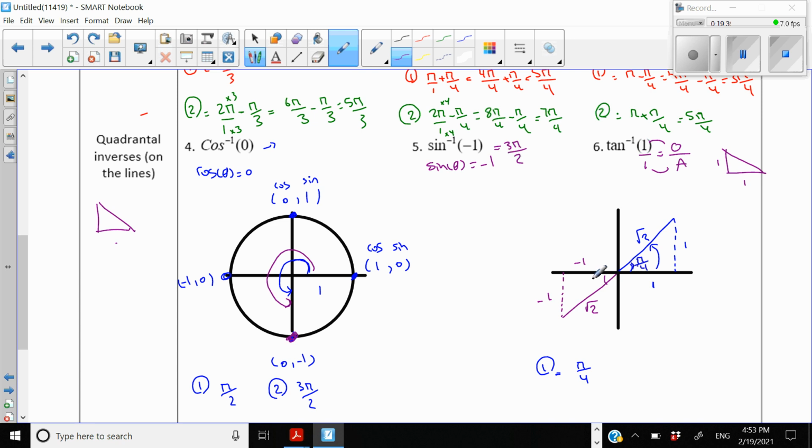Once again, I see a 45, 45, 90 triangle, so this is pi over 4. Now, if this is my reference angle, the original angle is going to be this, pi plus pi over 4. So the other answer is pi plus pi over 4, which is equal to 5 pi over 4. So these are the two answers that we have here.